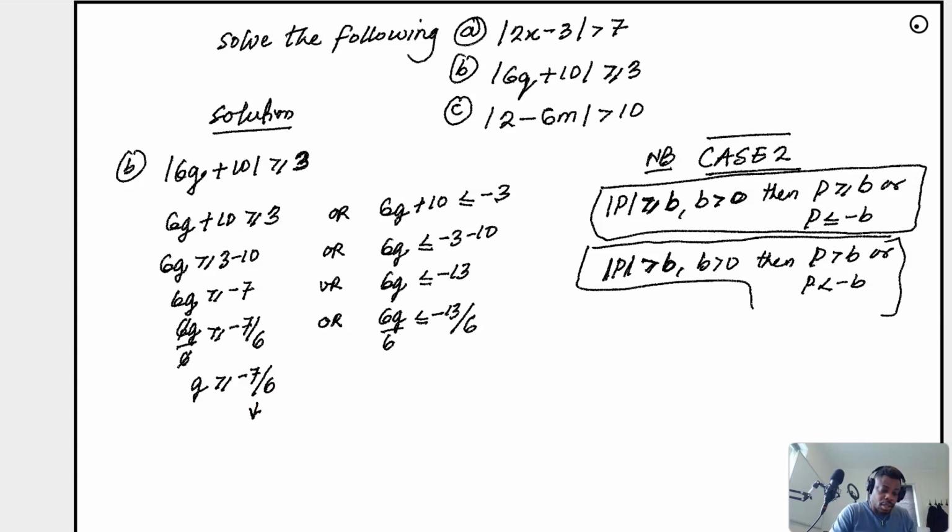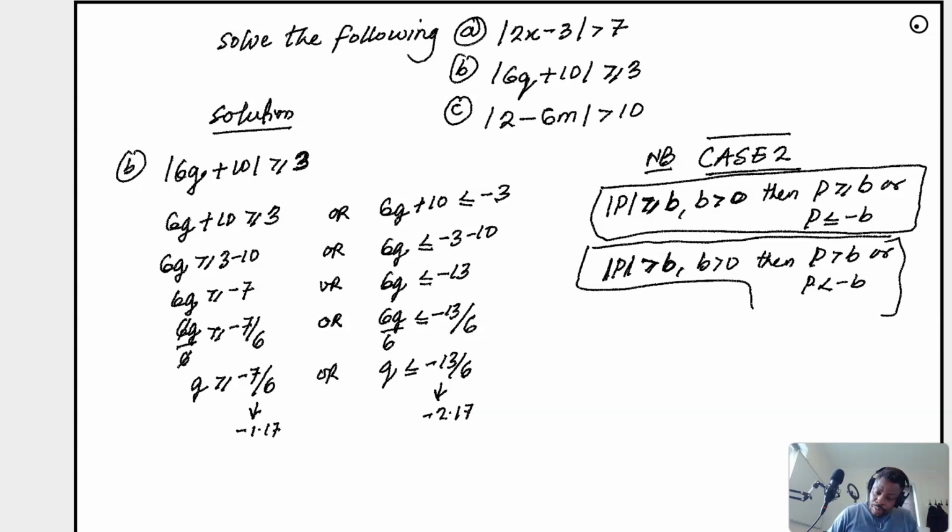Let's put this one in decimal. 7 divided by 6, so this is minus 1.17. Or q is less or equals to minus 13 over 6. Okay, minus 13 over 6, 13 divided by 6, so this is minus 2.17.